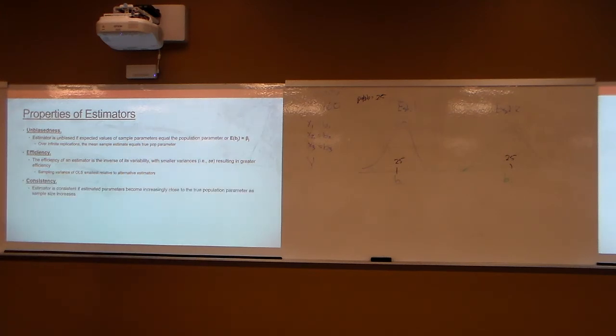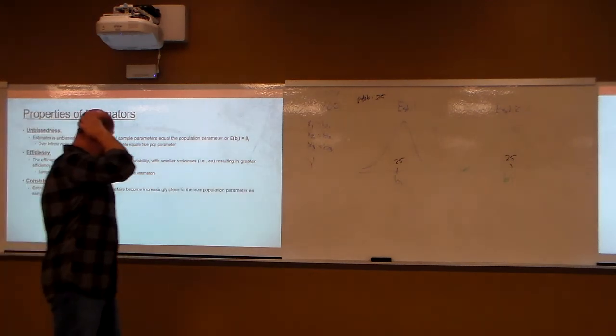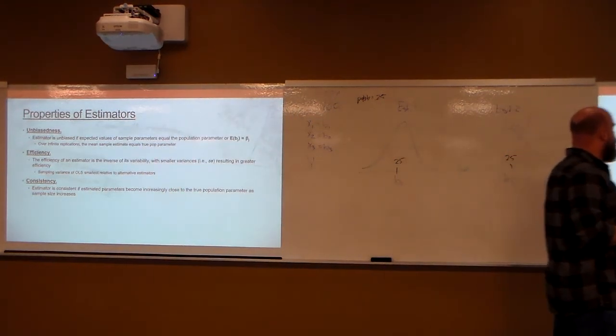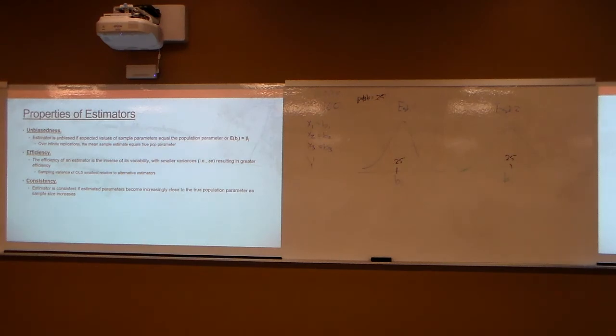Okay. Last thing we're going to talk about is consistency. We say that an estimator is consistent if my estimated parameters get closer and closer to the population parameter as my sample size increases.